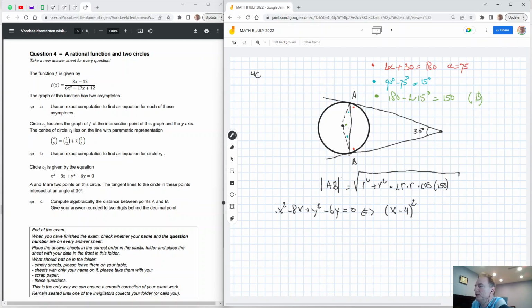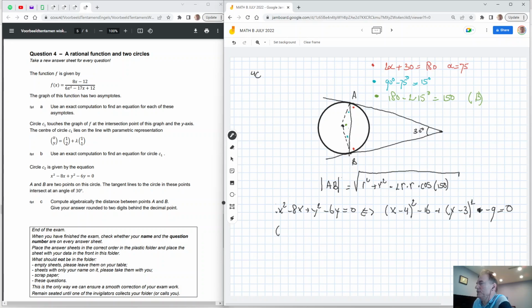If you do this, you get your x squared, you get minus 8x, but you get another term, minus 4 squared, which I need to subtract. So the x squared and minus 8x I can write as this combination. And do the same for y squared, and I get y minus 3 squared, and then I get a 9 that was not there, so minus 9 equals 0.